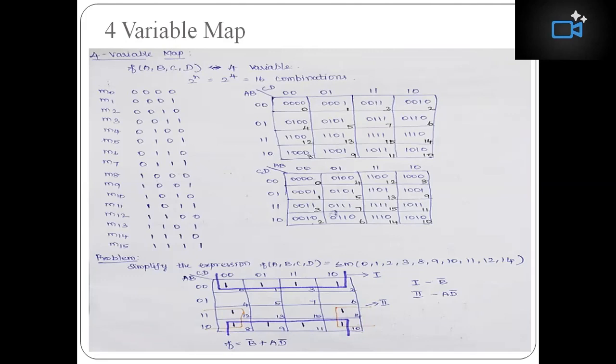But now you could see the difference: in the first table, adjacent minterms are arranged horizontally, whereas in the second table, they are arranged vertically. That is 0, 1, 3, 2, 4, 5, 7, 6. Here it is arranged row-wise; in the second table, it is arranged column-wise. That's the only difference. Both will give the same minimized expression, but you have to be careful where the locations are. That's why you should be careful while representing the variables.